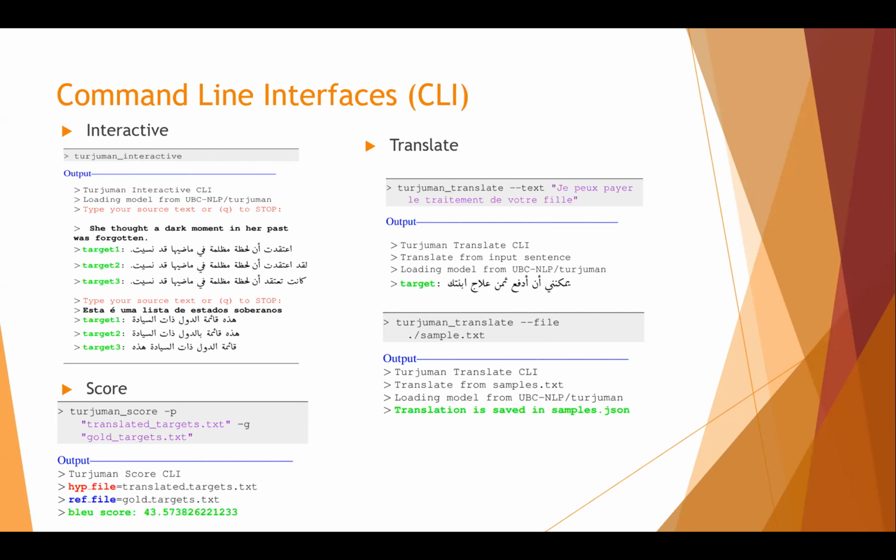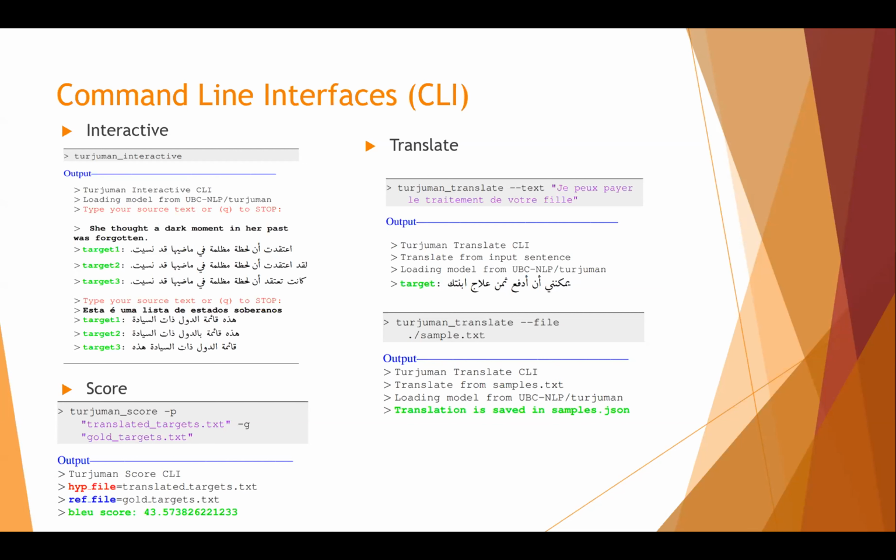However, the TURJUMAN translate command has two versions. One accepts input as text, and the other accepts a file if you would like to translate multiple sentences at the same time as a batch.